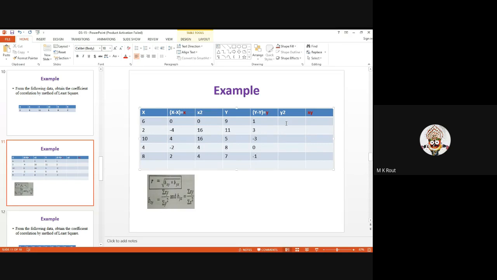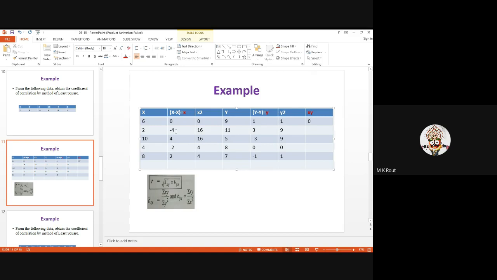If you go for calculation of y square, the first one is 1, this one is 9, again 9, this one is 0, last one is 1. Then we proceed to calculate small x into y. That is 0 into 1, that equals 0.